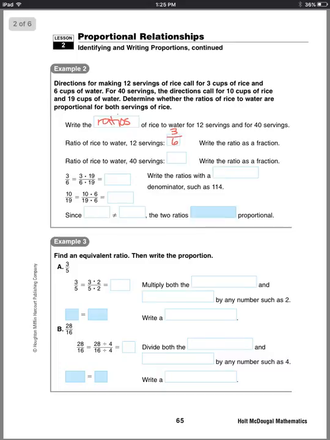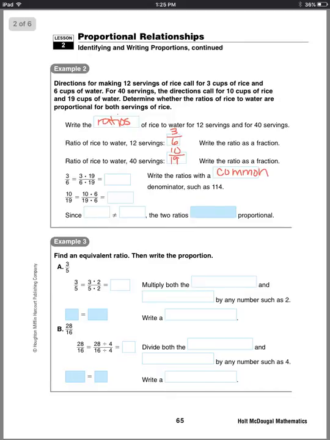And then the ratio of rice to water for 40 servings, we have 10 cups of rice to 19 cups of water. So, in this case, we're going to write the ratios with a common denominator. Now, a common denominator in this case is 114.